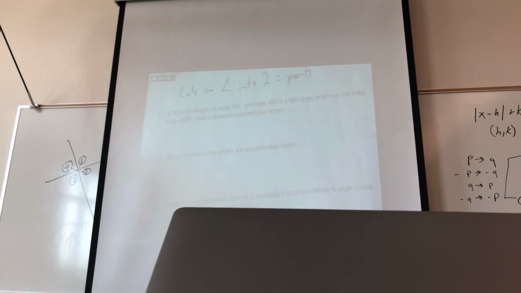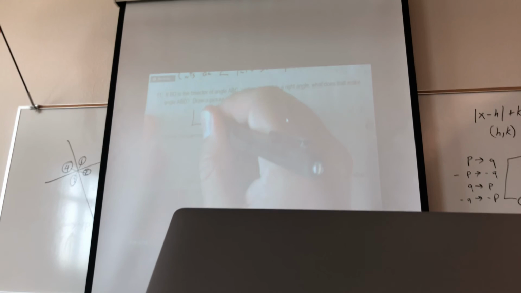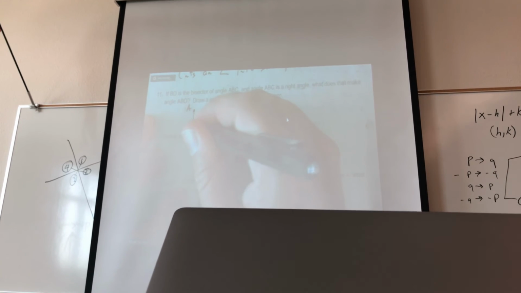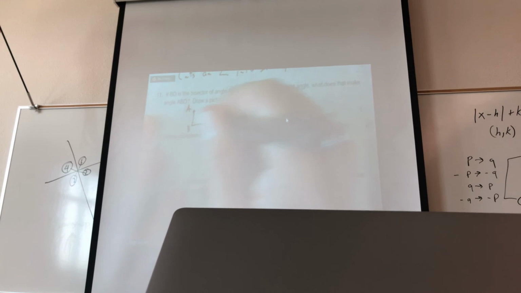If BD is the bisector of angle ABC, this is number 11, and angle ABC is a right angle, what does that make angle ABD? Draw a picture to represent your answer. Again, you can't necessarily draw a picture if you're doing it digitally. I've got this nice 90-degree angle that is A, B, and C. It's a right angle.